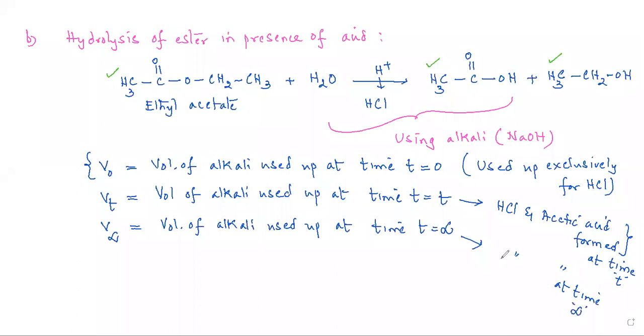Okay, let me give you the expression for k1, and that of course gives you maximum clarity. K1 can be given as 2.303 by t into log.